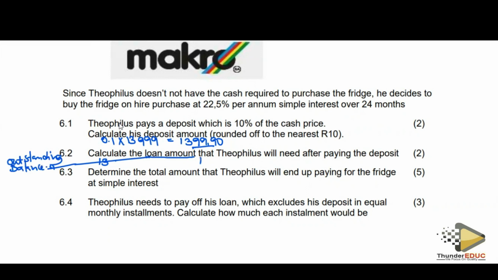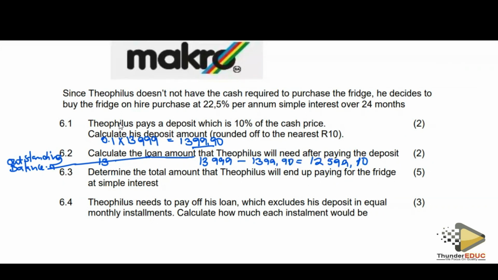So we shall say 13,999 minus 1,399.90 cents. And you end up having 12,599.10 cents. So that's how we get that.